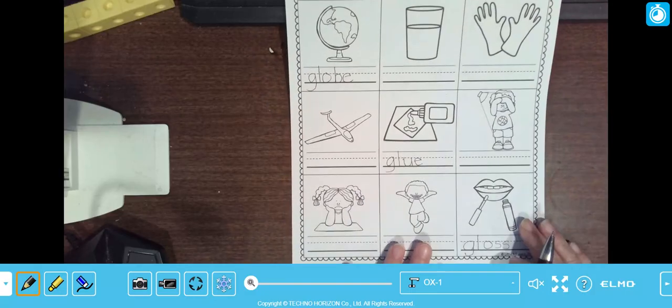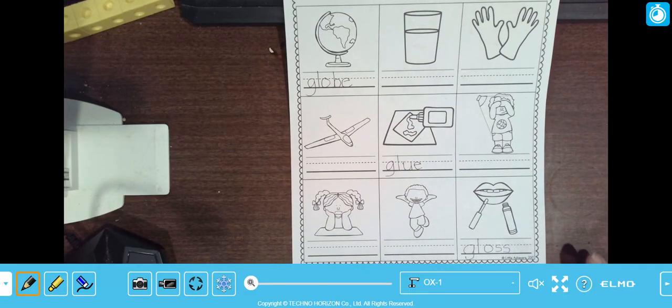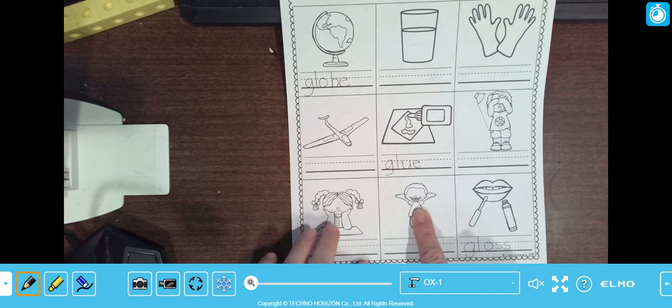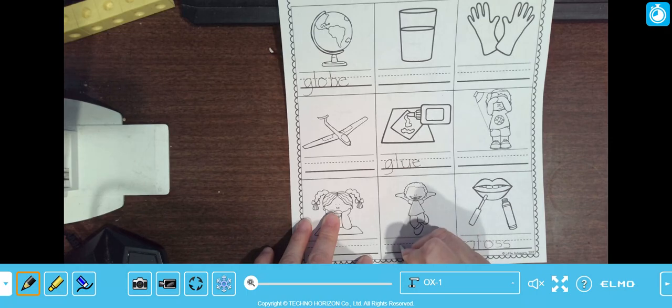Okay. Which one of these pictures matches the word glad? This is it. See how he's glad? So let's write glad here.